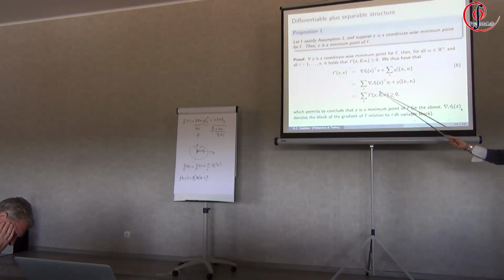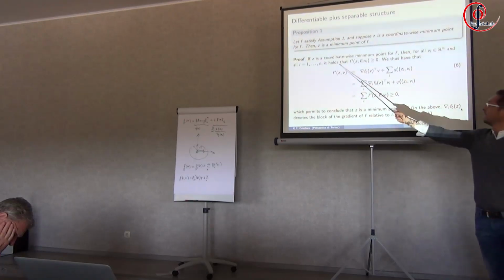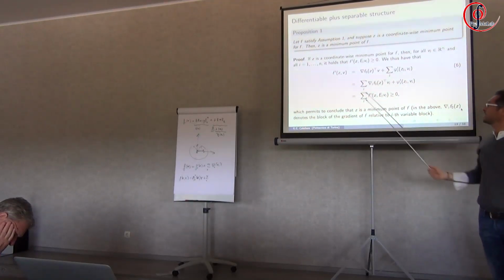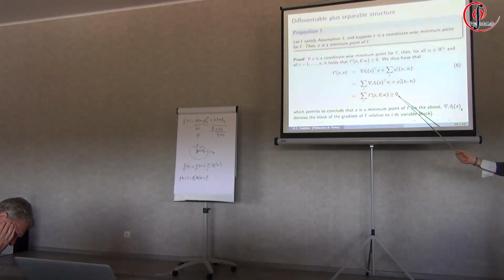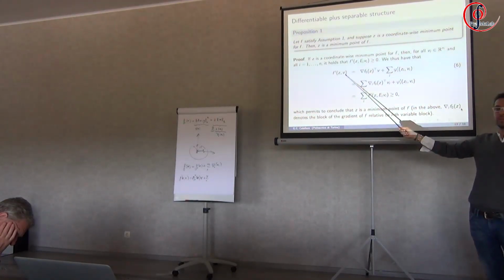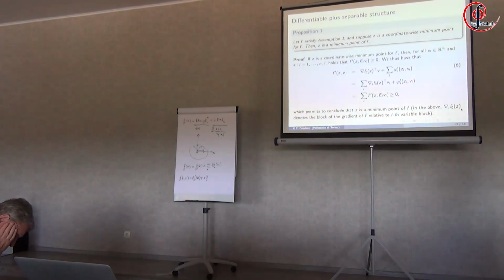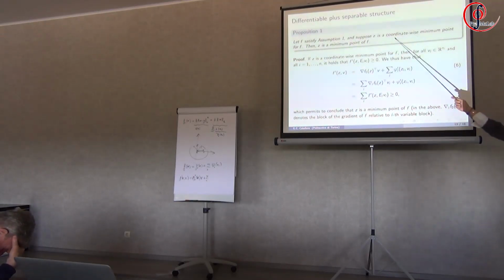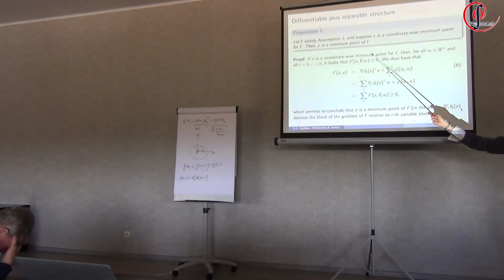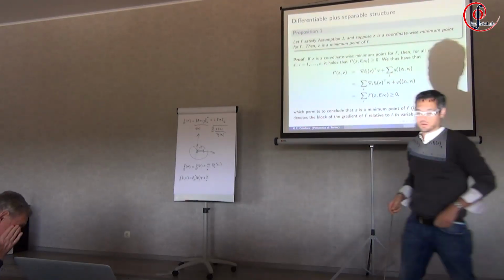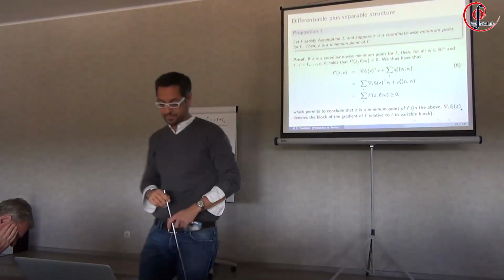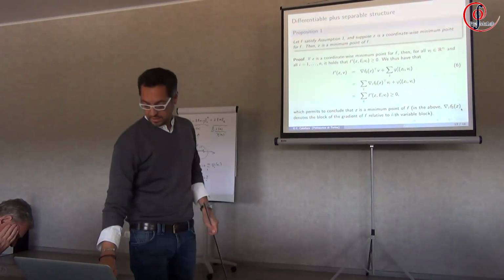By our hypothesis, this directional derivative is greater than or equal to 0, and then we conclude that the directional derivative of the whole function is also greater than or equal to 0 along any direction. Okay? So this permits us to conclude that z is also a minimum point of f. So we proved this proposition: if a point is a coordinate-wise minimum point, it's also a minimum point under the assumption that the function has that structure.